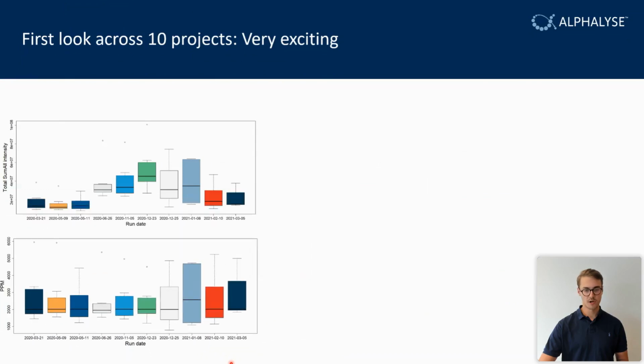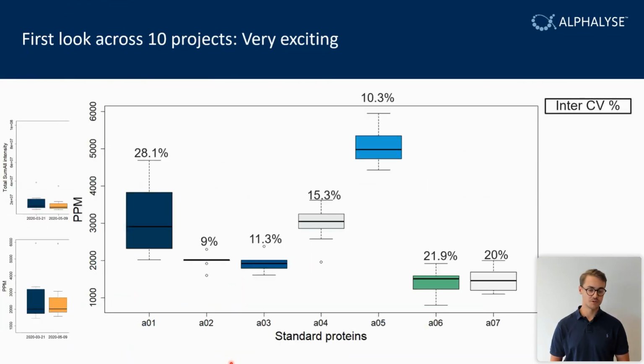Or we can also look at the individual protein standards and compare the quantifications across these 10 projects. In this case, we get a sense of the precision or variability in this data. If you look above, for example, at the laser pointer here, you can see we have these numbers. These are the inter-assay or inter-CV for each of these protein standards.